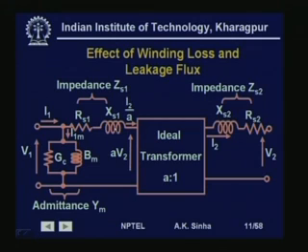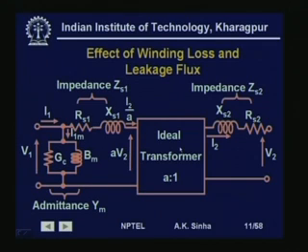So, this gives the impedance of the winding, where R S 1 is the resistance of side 1, that is the primary side, and X S 1 is the leakage flux part, which is represented by a leakage reactance X S 1. So, this is what we get. Similarly, on the other side also we have a winding, so it has resistance and leakage reactance, which are given by R S 2 and X S 2. So, this is a model for the transformer.